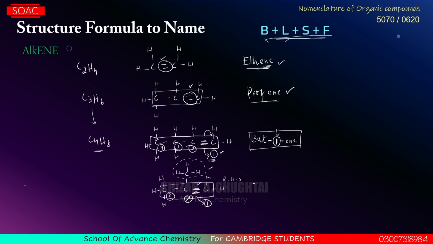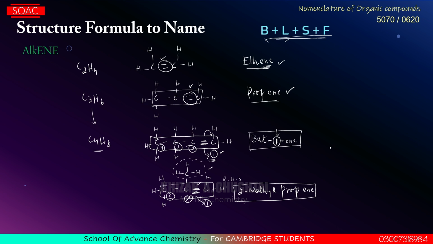Here is only one branch having 1 carbon atom, so the branch name is methyl, and its position is 2. 2-methyl, prop. 3 carbon atoms are lying in the longest chain, propene. 2-methylpropene is the name of this compound.